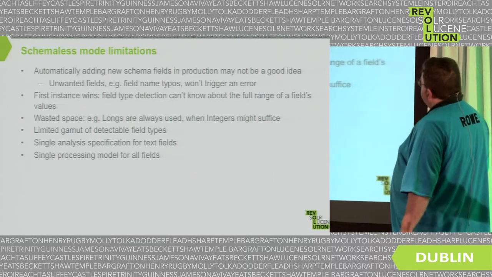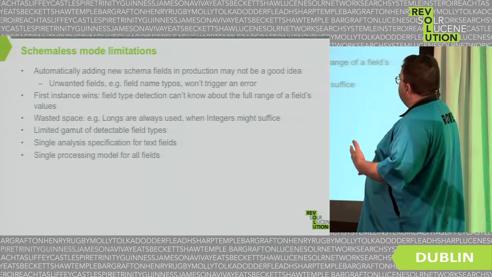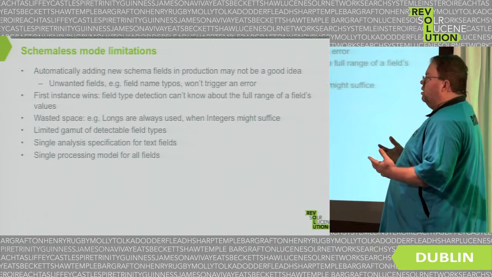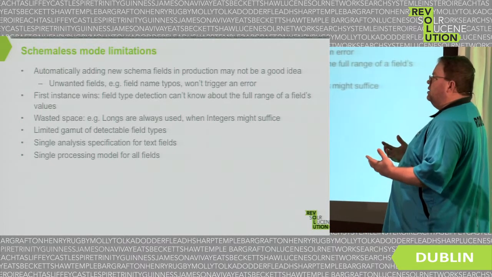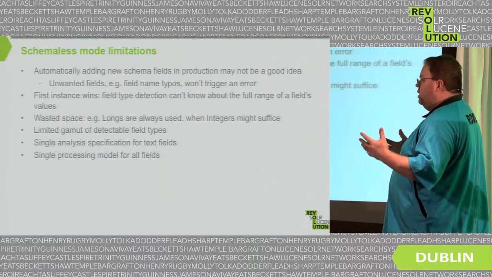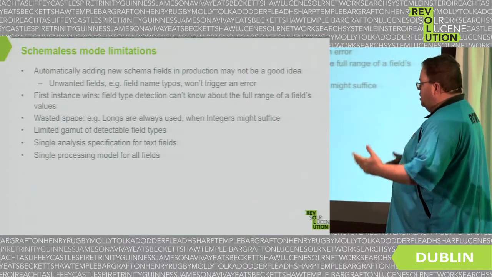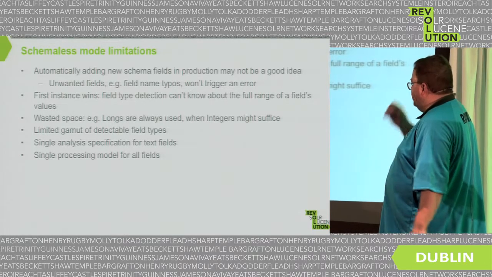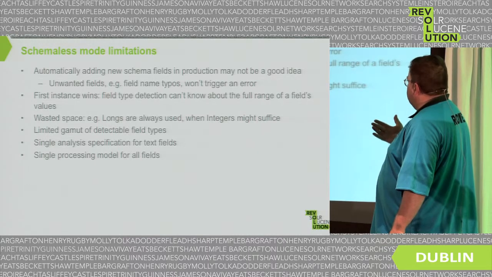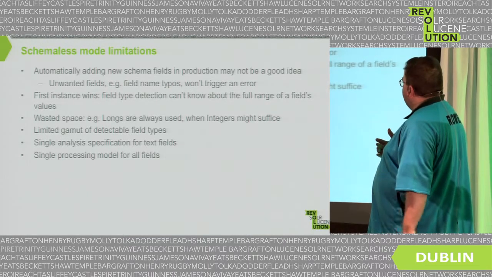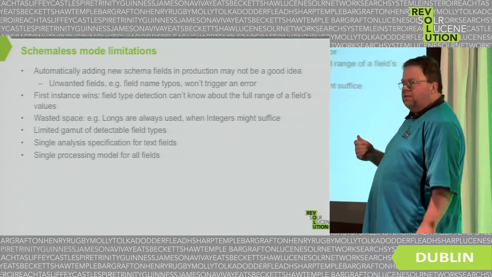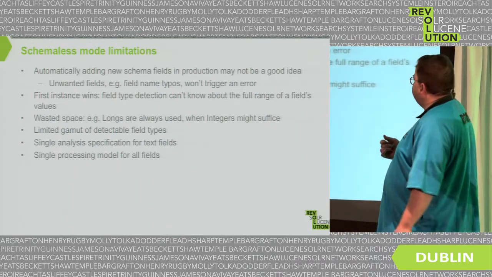In that case, I guess it's possible that you could work out a system where, if they didn't need a varied or tightly specified analysis regime, for example, that might work out. But I think in most cases, this schemaless mode is probably best used as just an exploration tool.